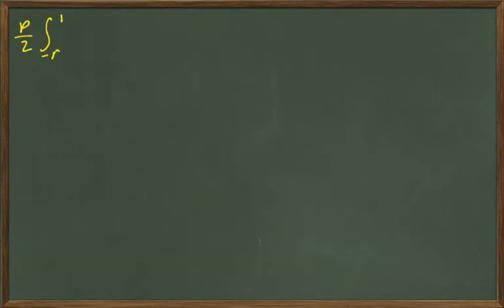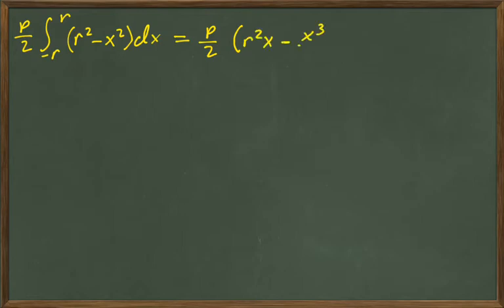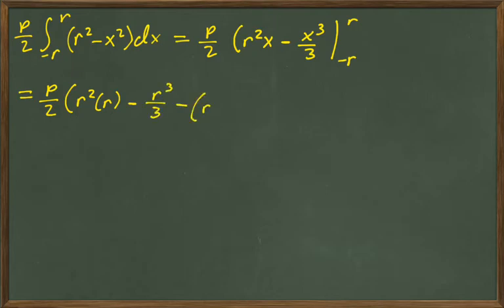So you have rho over 2, integral from negative r to r of r squared minus x squared dx. So it's going to be rho over 2, r squared x minus x cubed over 3, evaluated from negative r to r. So rho over 2, r squared times r minus r cubed over 3, minus r squared times negative r minus negative r cubed over 3.